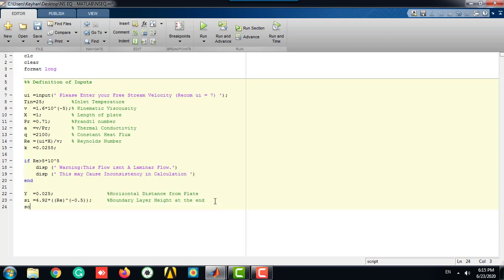In the next line, we define SO, which is the percentage of the boundary layer formation relative to the distance in the stream.